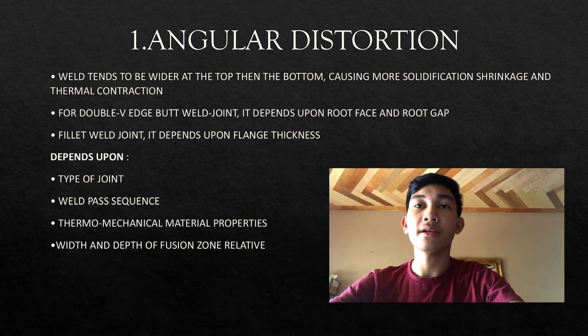For a double V butt weld joint, it depends upon load and gap. A fillet weld joint depends upon flank thickness. It depends upon type of joints, weld pass sequence, thermomechanical material properties, and width and depth of friction zone.